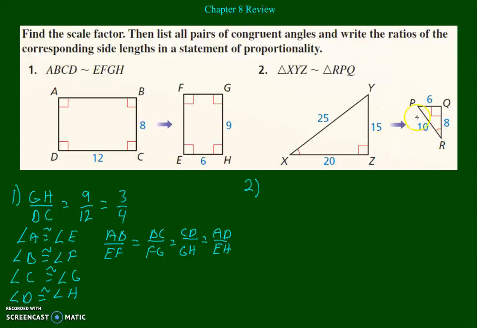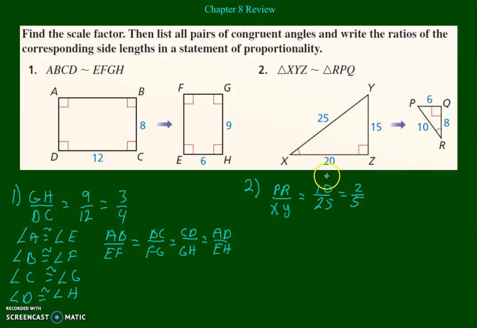It's destination divided by source, so we're going to have PR to XY, which is 10 to 25. This divides by 5 2 times, and this 5 times. So our scale factor is 2/5, going from here to here.